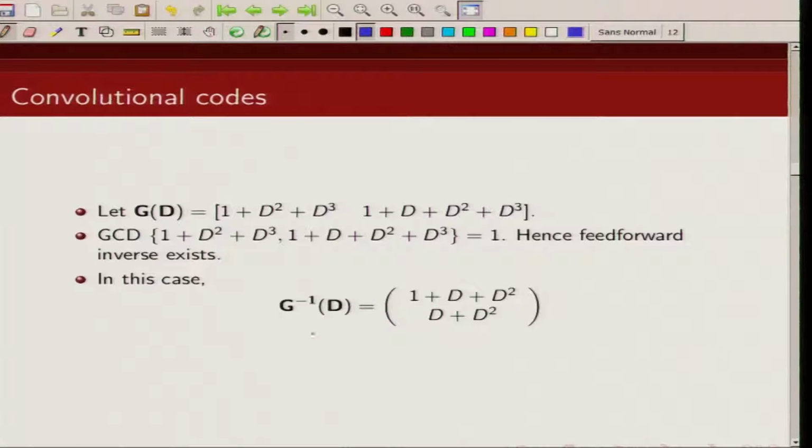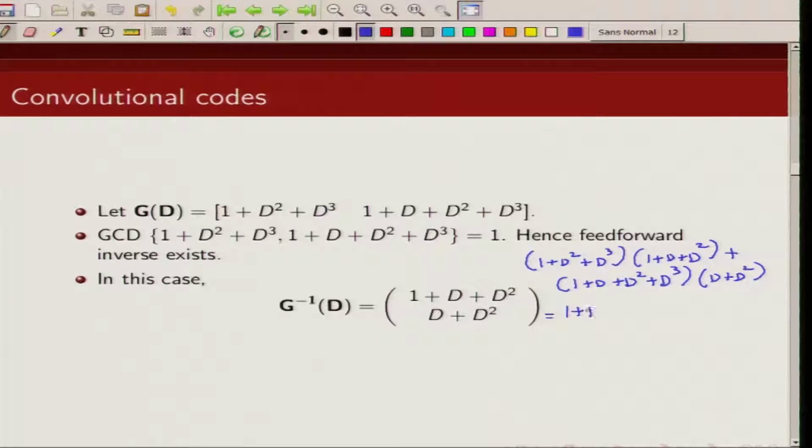We can do a simple check: (1 + D^2 + D^3) times (1 + D^2) plus (1 + D^2 + D^3) times (D + D^2).